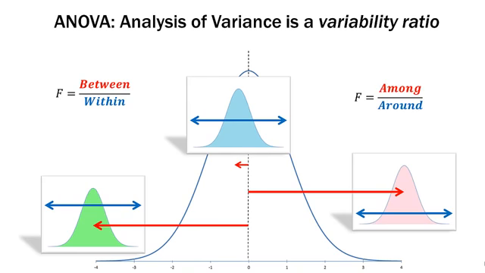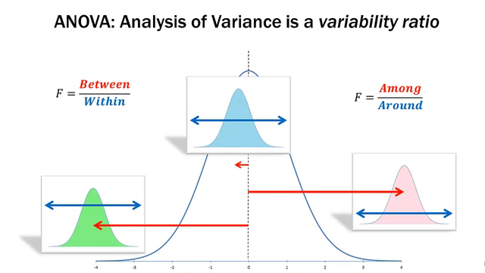Now sometimes this is called the among variance and the around variance. So the thing about ANOVAs is that I could have 3 different or 4 different stats textbooks, and they all call this something different. But the most common way of expressing it is the between variance and the within variance. But you may see it as the among variance, the variance among the means, and the around variance, which is the variance around each sample mean.